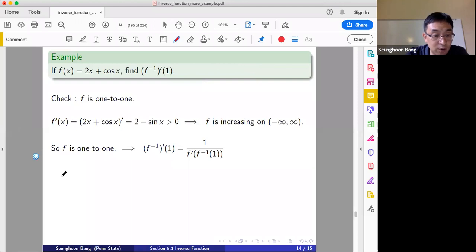So we can follow 3 steps. Step 1: you need to find the inverse of f of 1. You can calculate the inverse of f of 1.